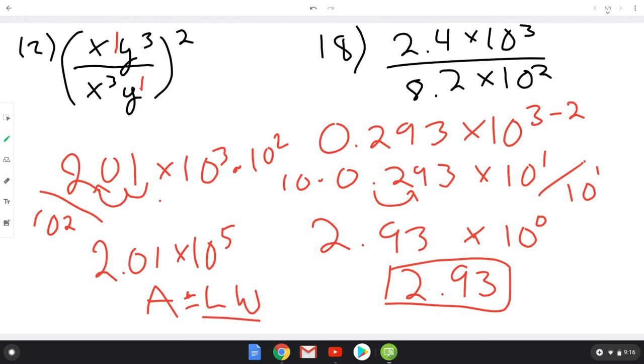So if I divided this by length, then my lengths would cancel. So I know that width equals area divided by length. So they really just want you to divide those two expressions that they gave you, and that will give you the width.